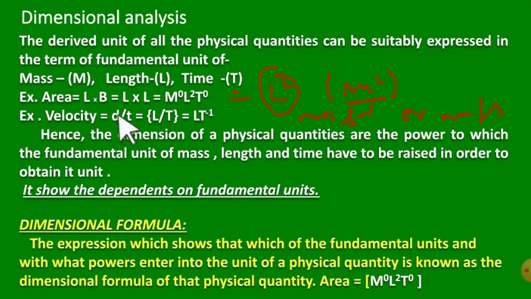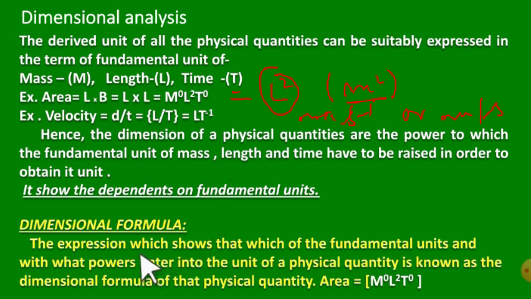But in the case of electricity, naturally ampere, capital A, will come. In the case of thermodynamics, we may require the temperature, which is expressed as K for Kelvin. Then mole and candela will come up if we express physical quantities in those different branches. But for mechanics we require only mass, length and time. Whenever required I will tell you.